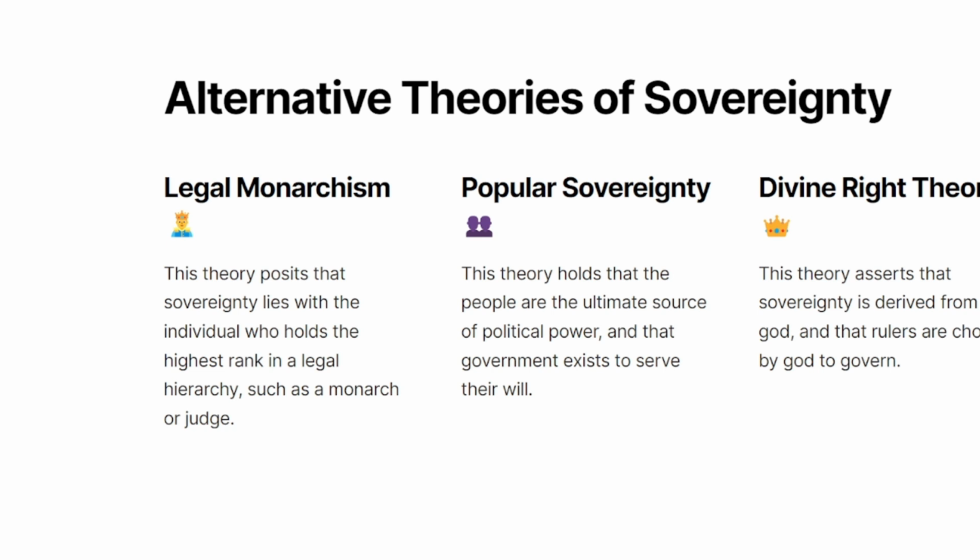So the government is not the sovereign, but the people are. And then there is legal monarchism, which posits that sovereignty lies with the individual who holds the highest rank in the legal hierarchy, such as the monarch or the judge. So there can be a bit of similarity between Austin's theory of sovereignty and legal monarchism, but they do not resemble completely.